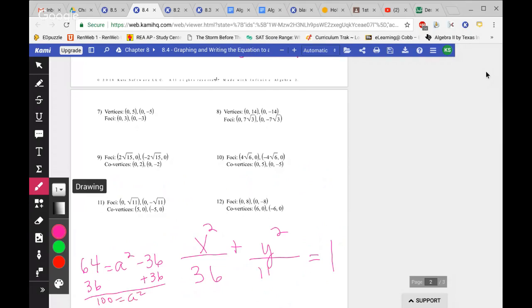Is it x squared over 36 plus y squared over 28? Oh, 100. Never mind. Can you explain that then?